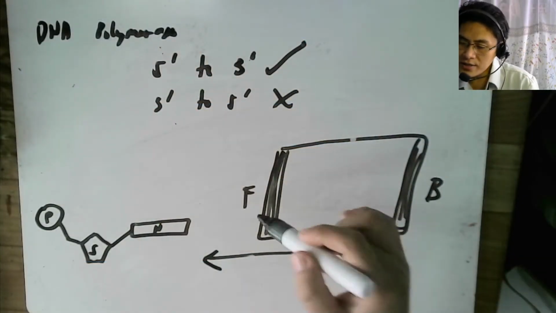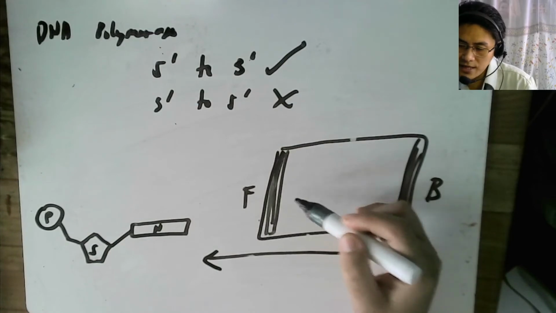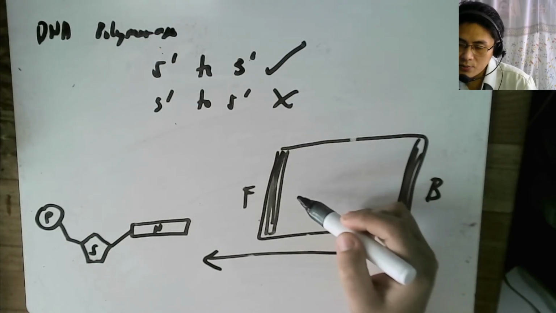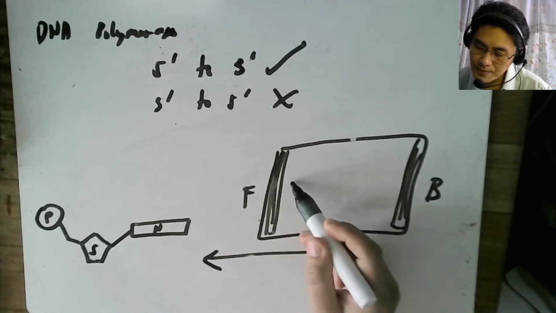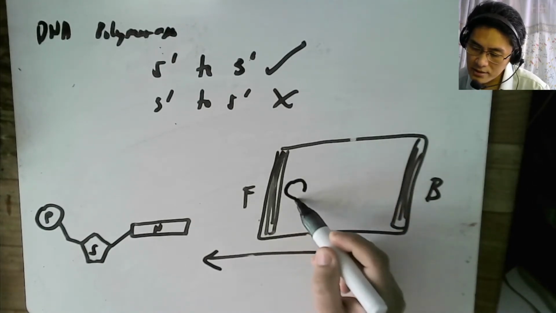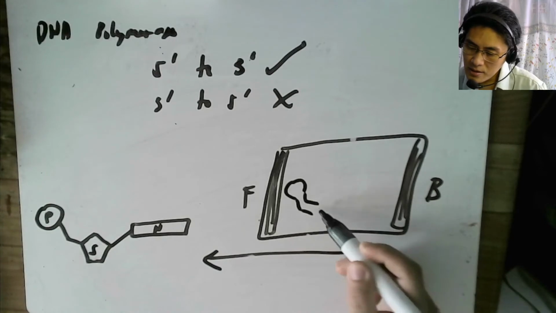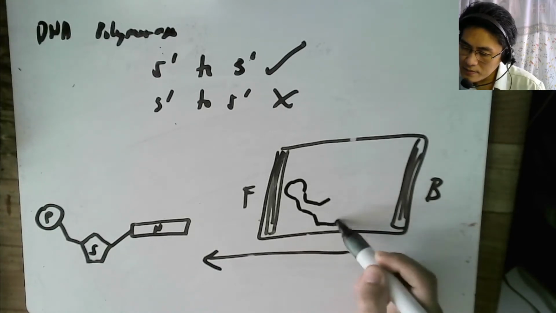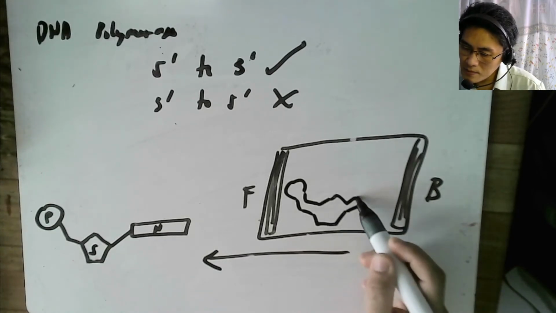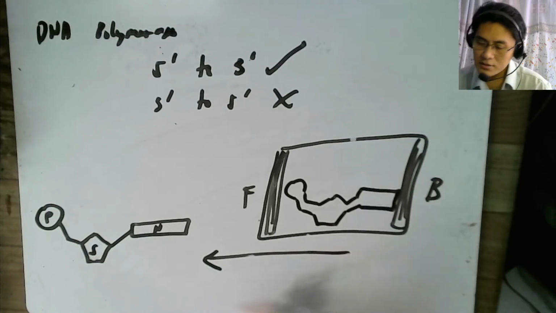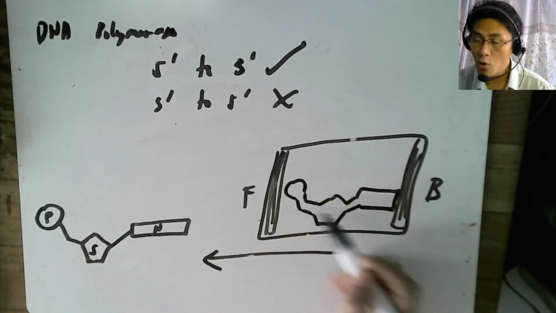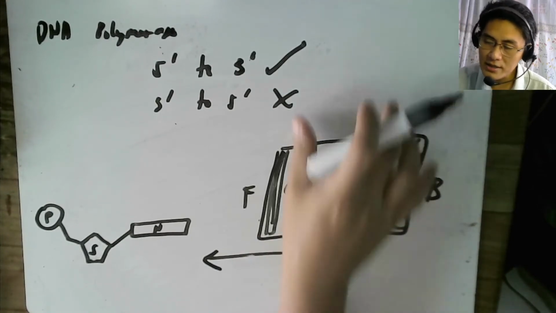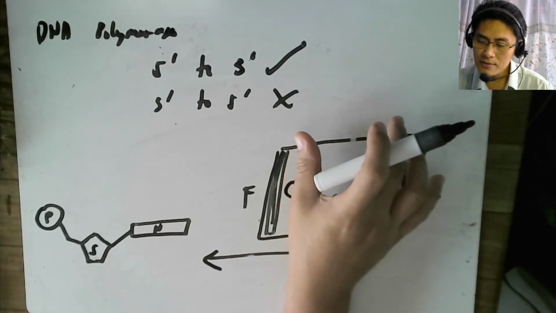Think of the gate through which this enters the polymerase as having a particular shape, and that shape is like this, such that this has to fit in the opening before it gets attached, right?